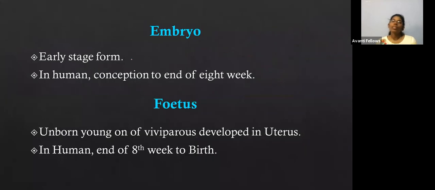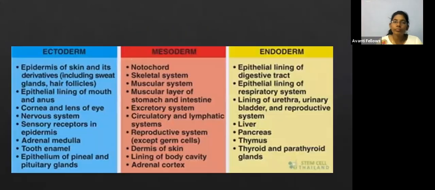So once the zygote has formed, till the 8th week, we call the development the embryo, out of the 9 months total. After the 8th week, till the birth of the baby, we call that a fetus. That's it. And from the ectoderm, the organs formed are the epidermis of the skin.